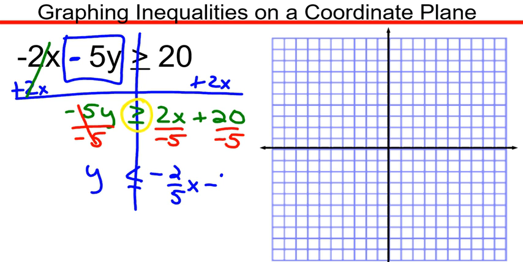I know I'm going to have a solid line when I plot my graph because I have the underline under my inequality symbol. My y-intercept is -4, so I start there at -4. Then I have to use my slope of -2/5.